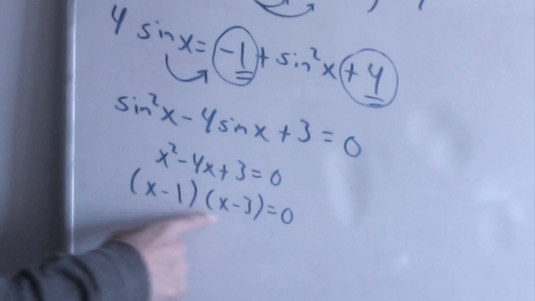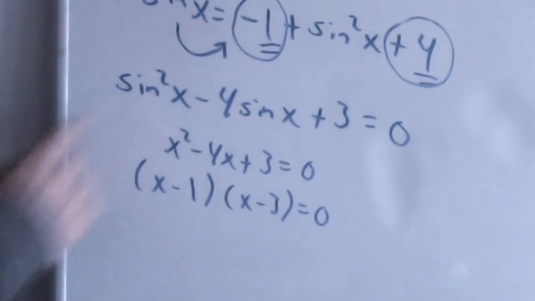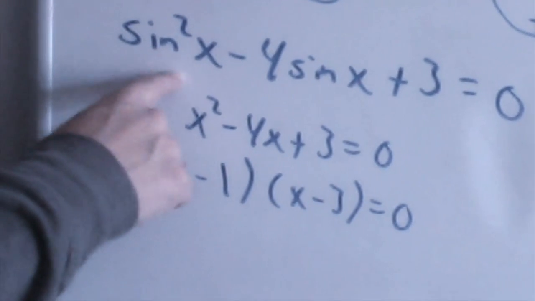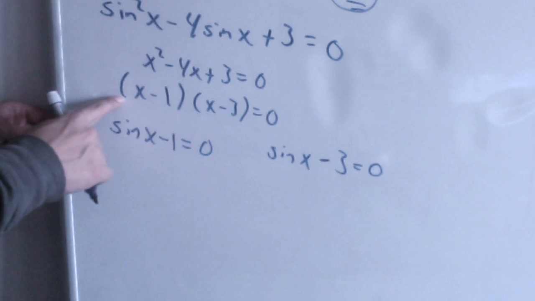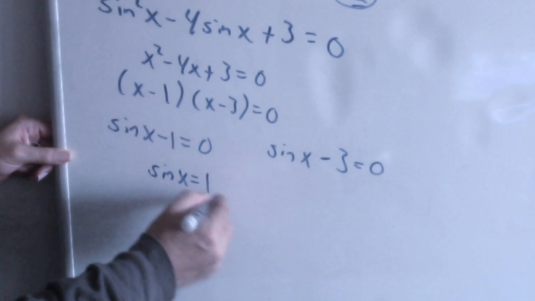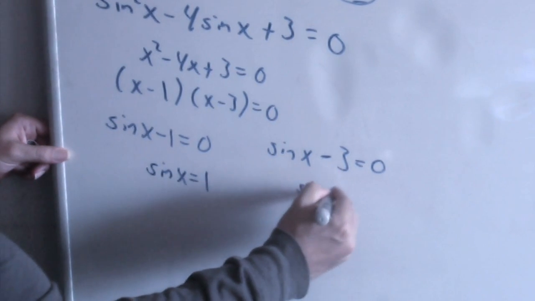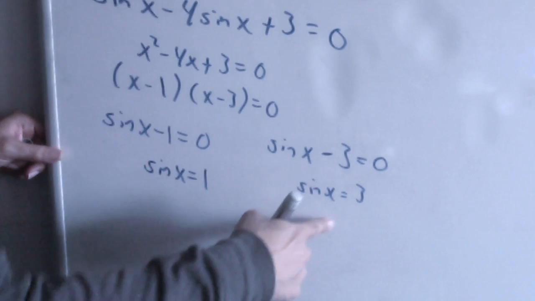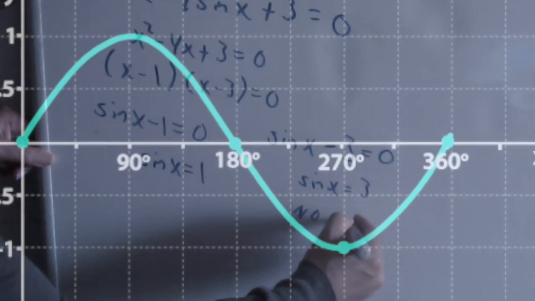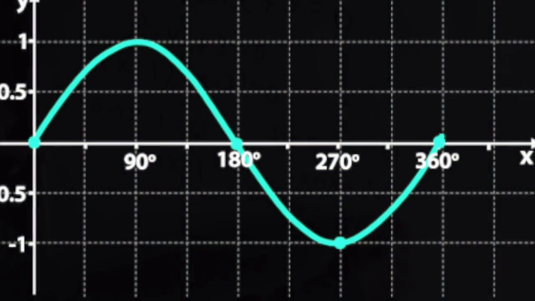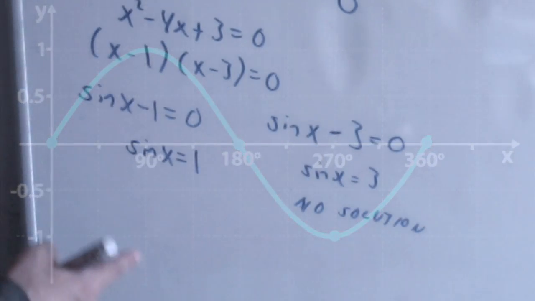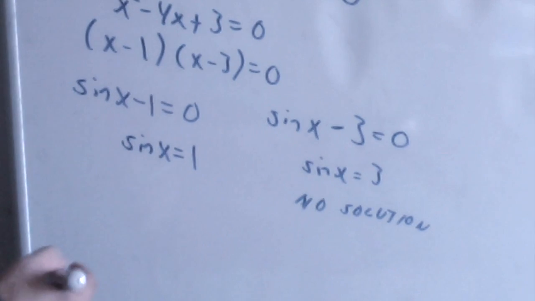Now I'm going to substitute the x by my trigonometric function, that is sine. So sine x minus 1 equals 0, so sine x equals 1, and here sine x equals 3. This one has no solution, because it's not in the range between -1 and 1.